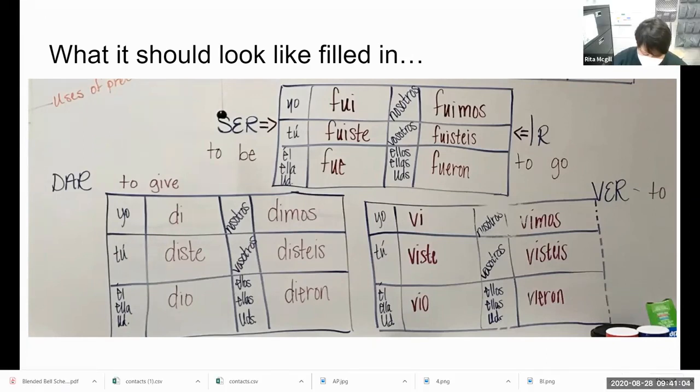And we're just going to fill in those verbs. Ser, ir, dar, and ver. So we are ready for the stem changers when we start on Monday. We're ready to fill those in, okay?